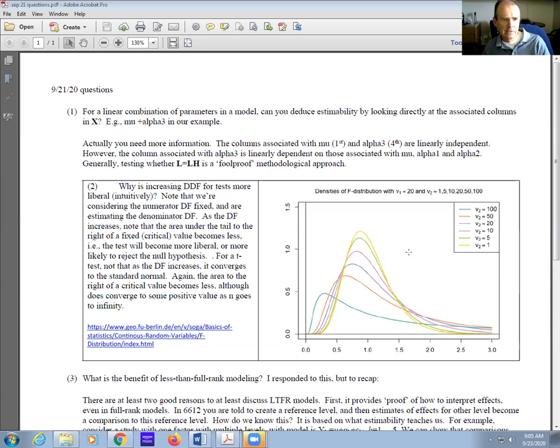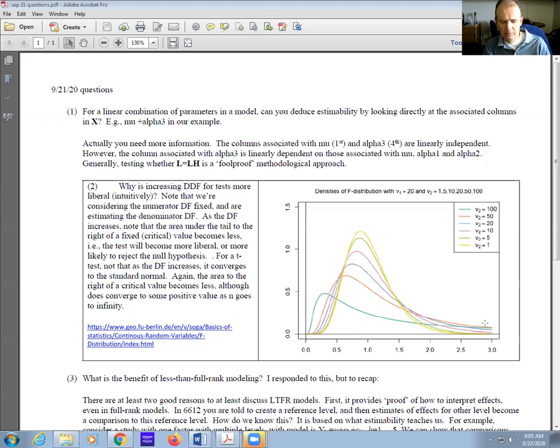Say we fix the numerator degrees of freedom at 20, and then look at various F distributions as we increase the sample size. Think of a critical value in the tail, let's say at 2.5 or 2. What's going to happen as you increase the denominator degrees of freedom?